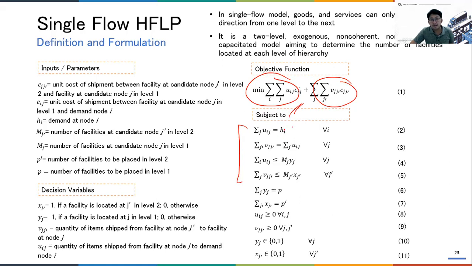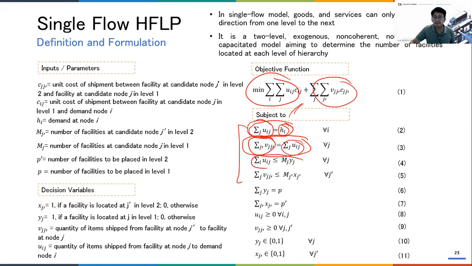So this is to calculate the amount of the demand in I that needs to be transferred to facility level 1, and then this one is to make sure all the demands transferred to facility level 1 can be transferred to facility level 2.